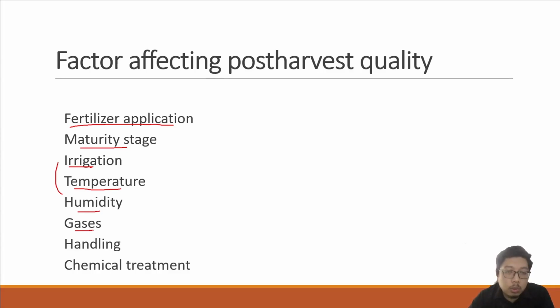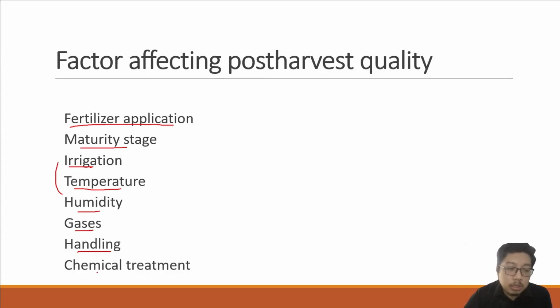By controlling that, we can have a better or longer storage life. And then here is handling. Usually with rough handling, we have more mechanical damage, which means more fruits being damaged and loss of quality.